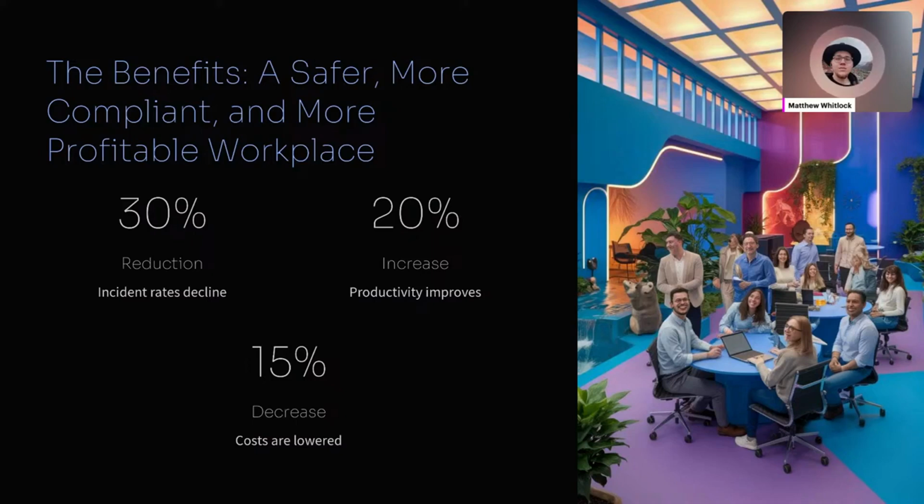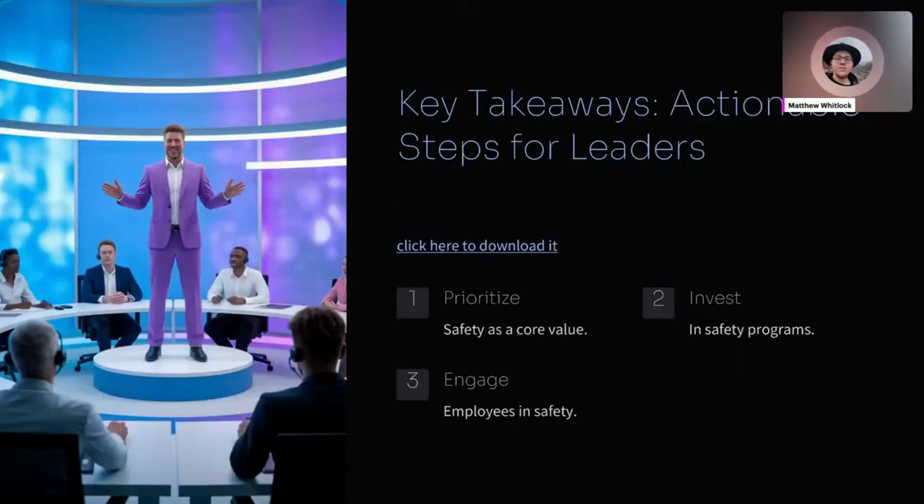If you're not running a safe environment at work, the higher chance employees aren't going to want to be there. They may look for other employment, which will hurt your productivity. And then cost. It's not a hidden fact that running a safe environment at work, although it can cost a decent amount of money, will also save you a lot of money because you're not going to be paying as much for insurances. You're not going to be paying as much when someone gets hurt.